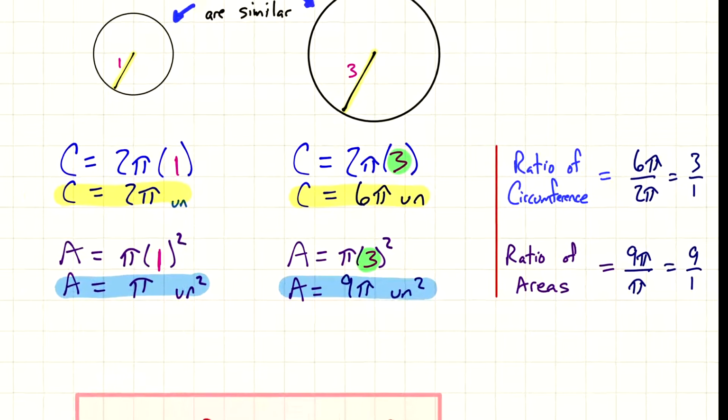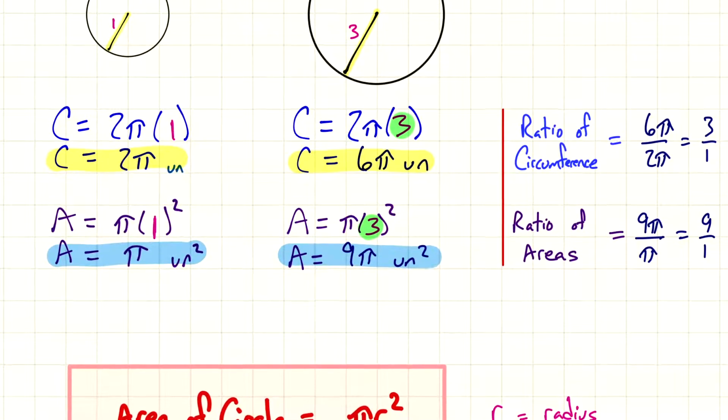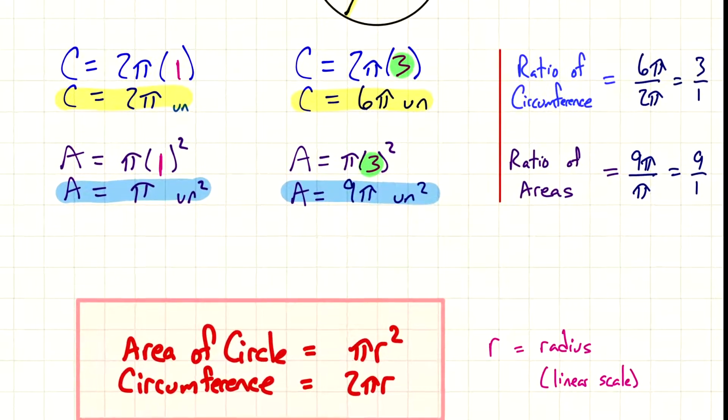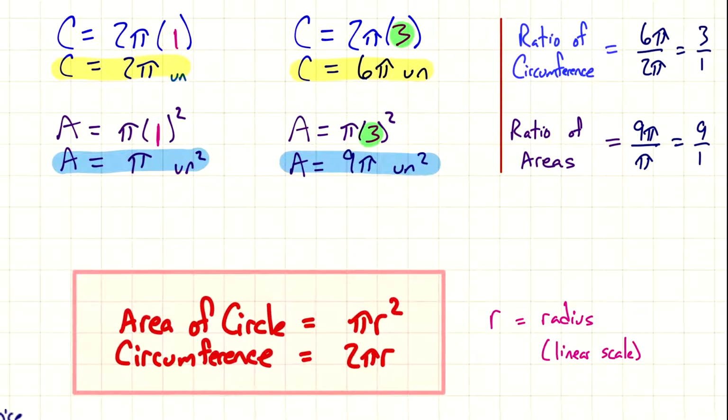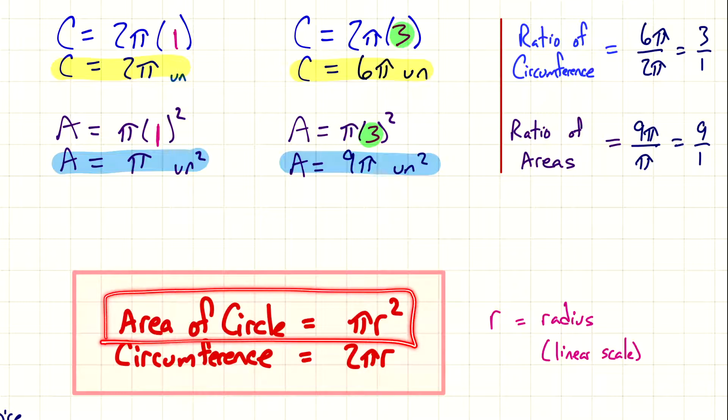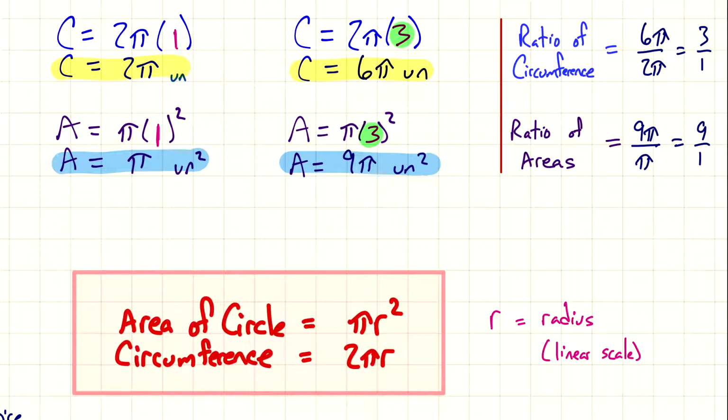Now, we'll practice a couple more problems with this. So in general, what we're trying to get is these equations for the area of a circle and circumference. So you might have seen these before. The area of a circle is going to be pi r squared.